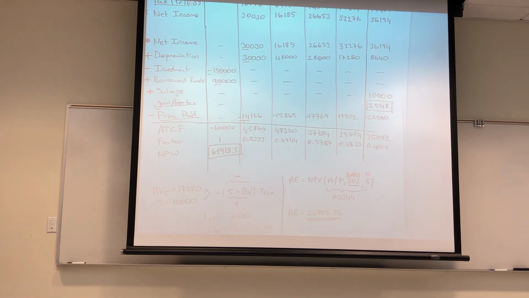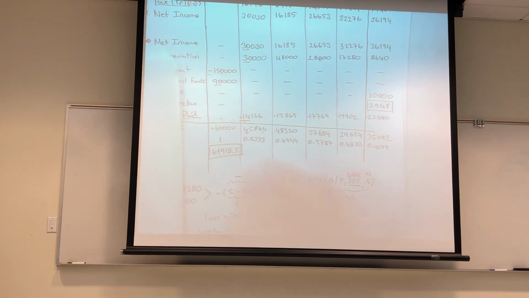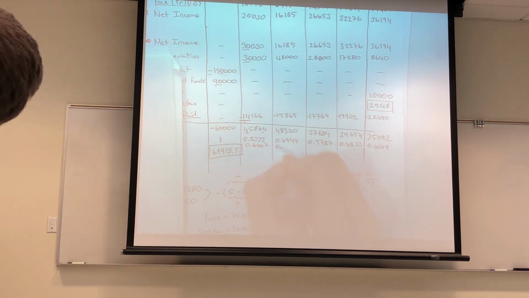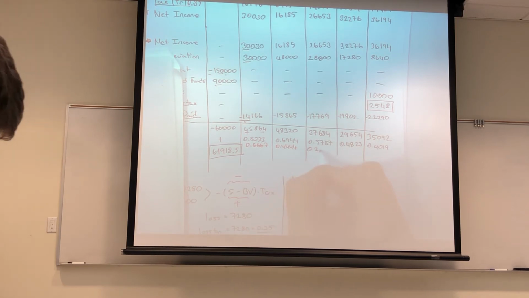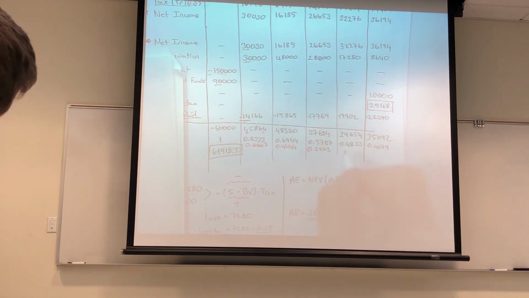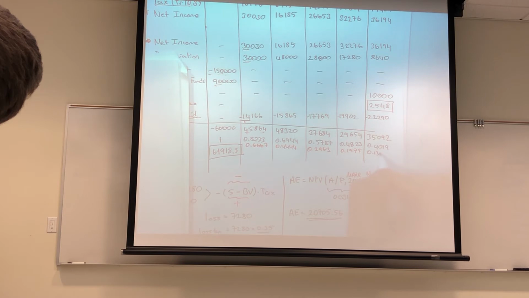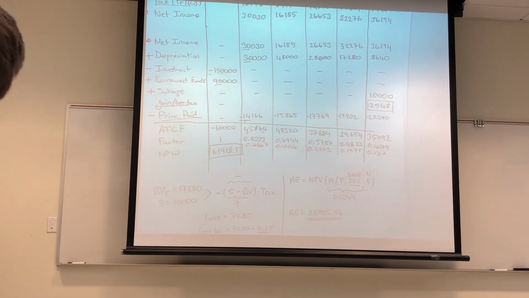This is the biggest. If this doesn't work, I don't know what to do. Okay, this is 0.6667, 0.4444, 0.2963, 0.1975, and this is 0.1317, right?